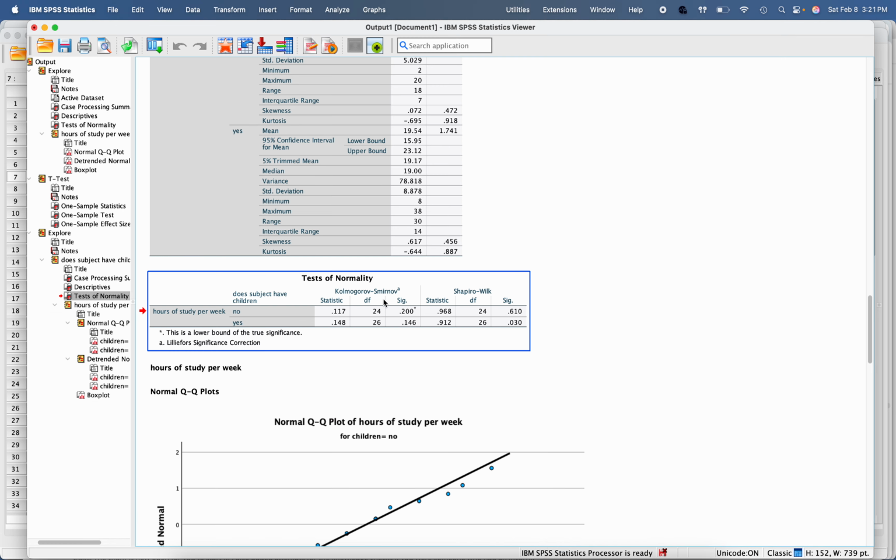However, for the other group, the hours of study, this significance value of 0.03 is less than 0.05, so if I'm looking at hours of study per week, this does violate the assumption.